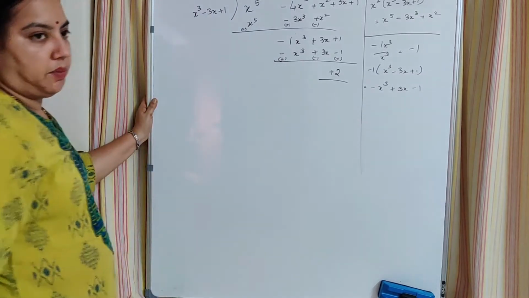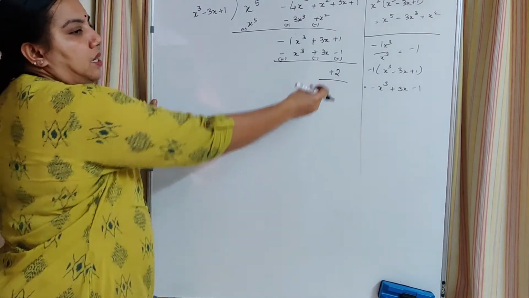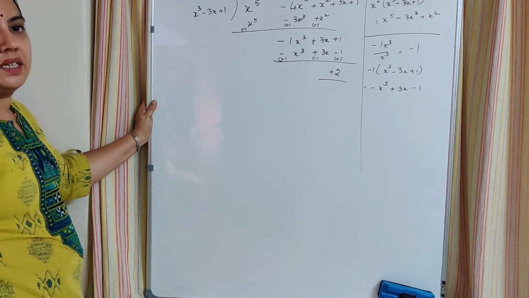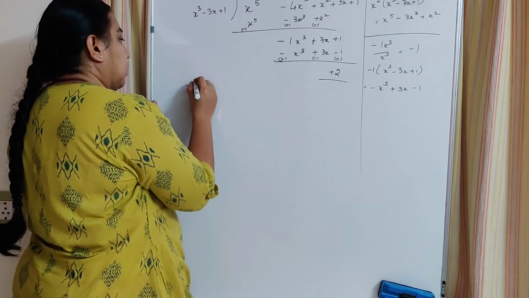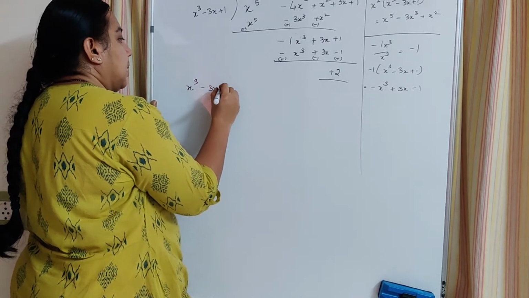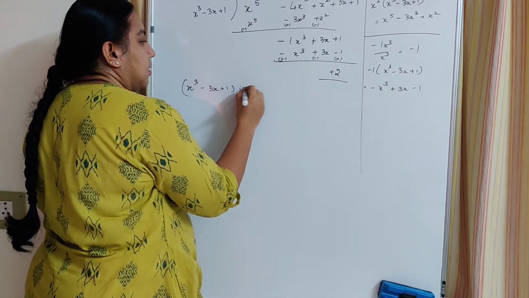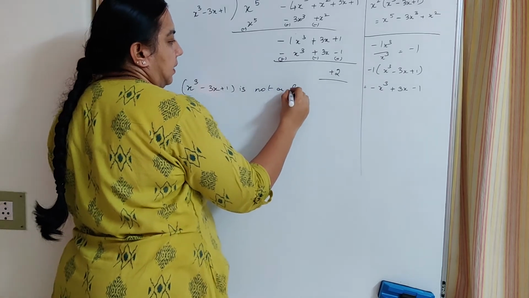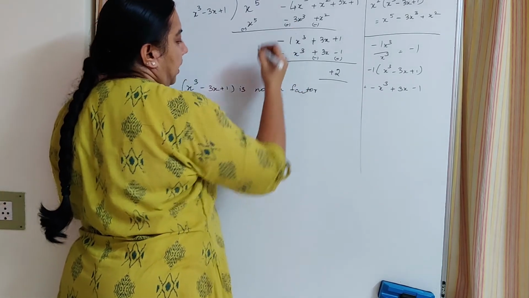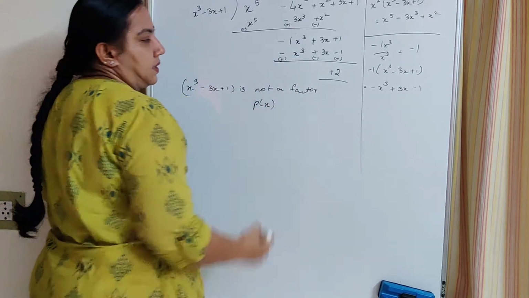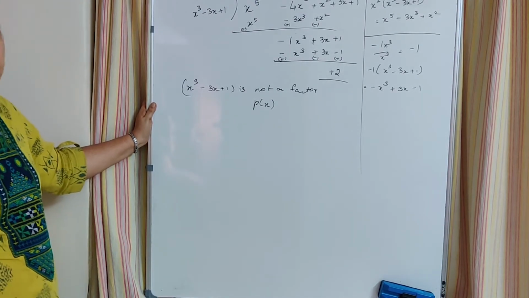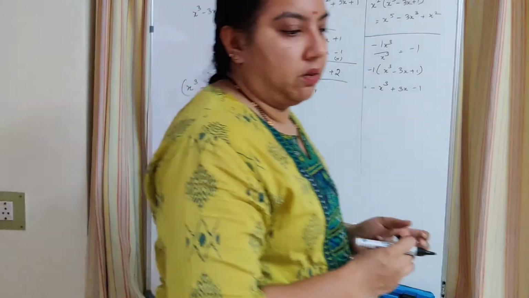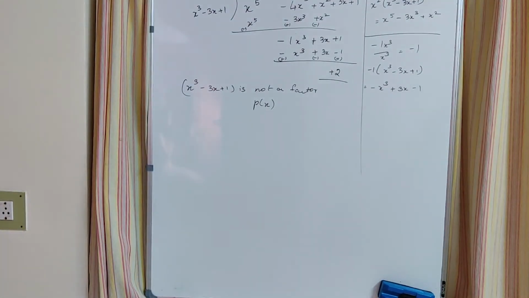So it gives a remainder. Even though only one constant is changed, as it is giving a remainder, x cube minus 3x plus 1 is not a factor of the given polynomial p of x. So you have got polynomial division. And now we will go to the next sum.